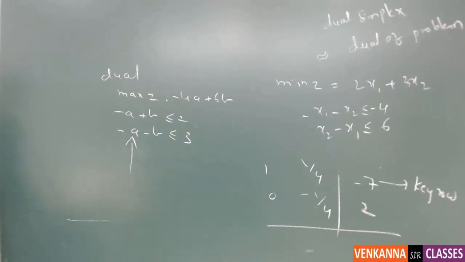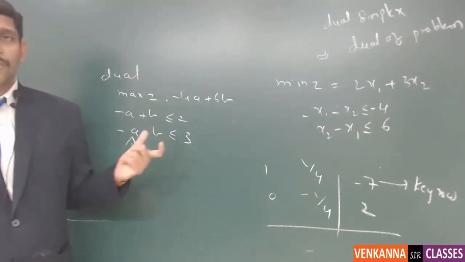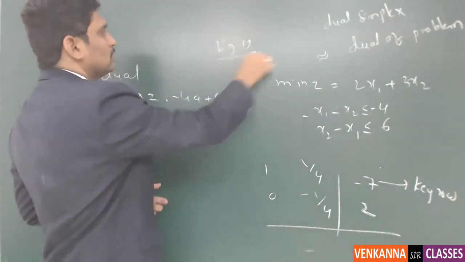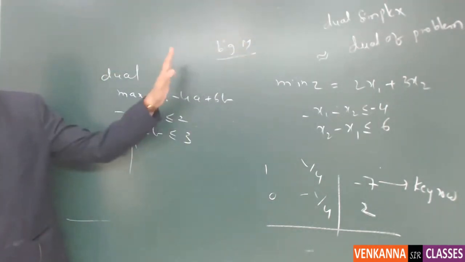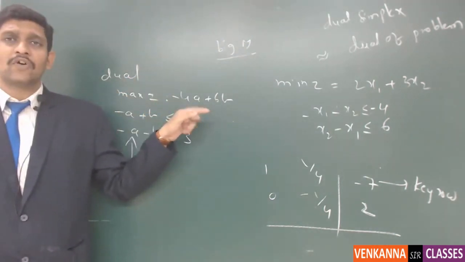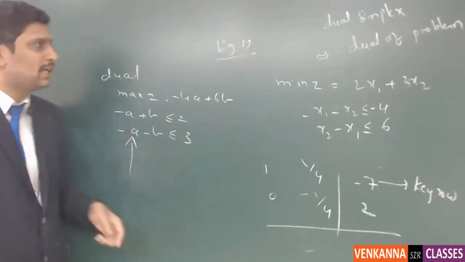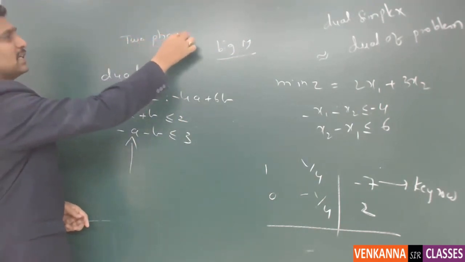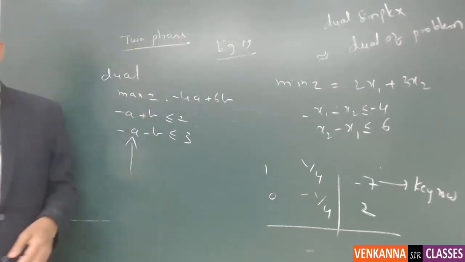So two-phase big M is easier or simple big M? Yes. So if the problem is asked for big M method, we should follow big M straight away. The thing is, whenever greater than or equal to inequalities are there, I say that you can apply two-phase method, which simplifies the computational process.